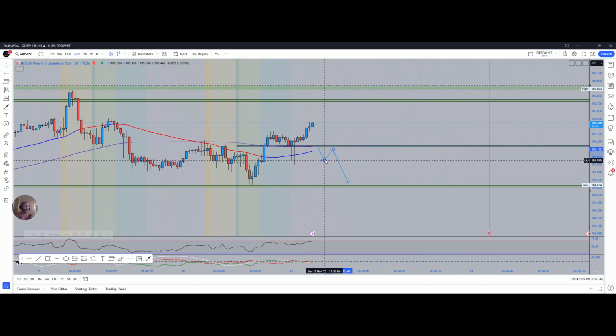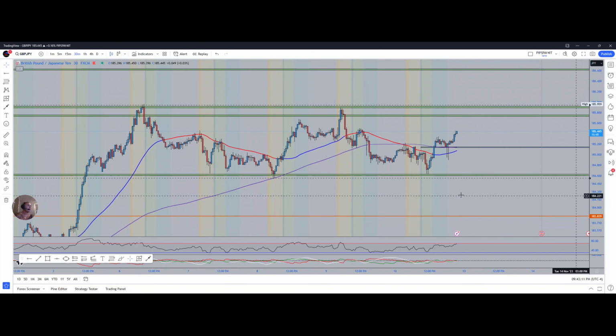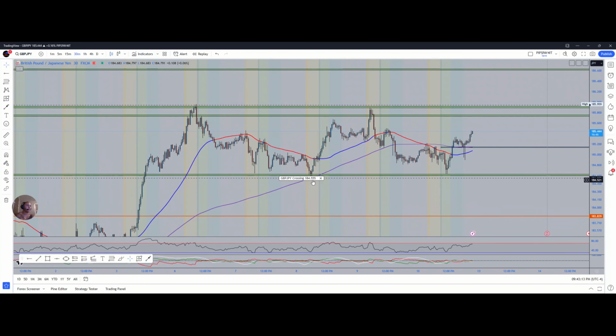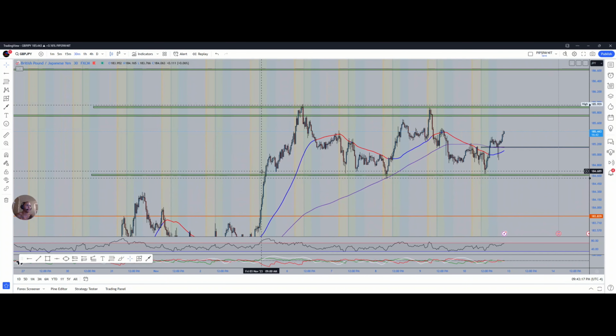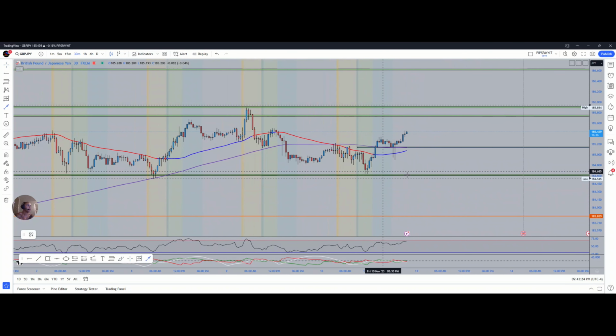So let me just erase this. All right, so let's just say price breaks 184.555. Look at all this clean traffic. It could do a correction, you get me? It could do a correction all the way down to these levels. So this is what could happen. Price could go down here.